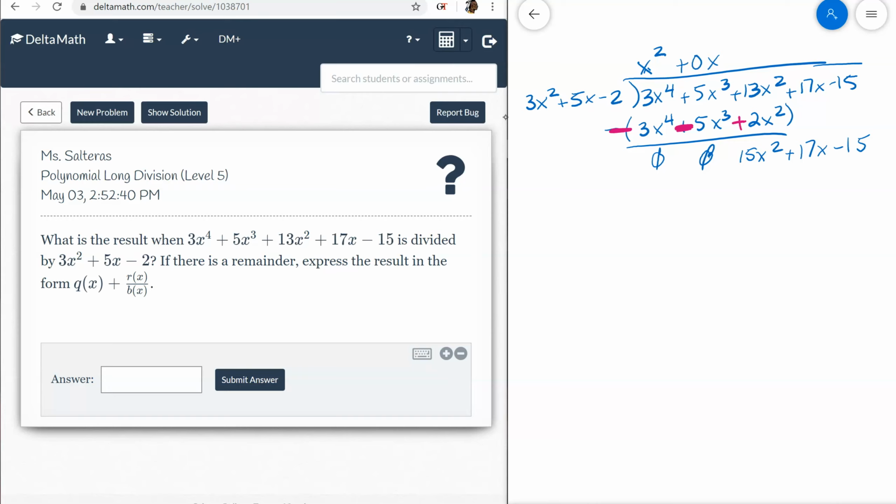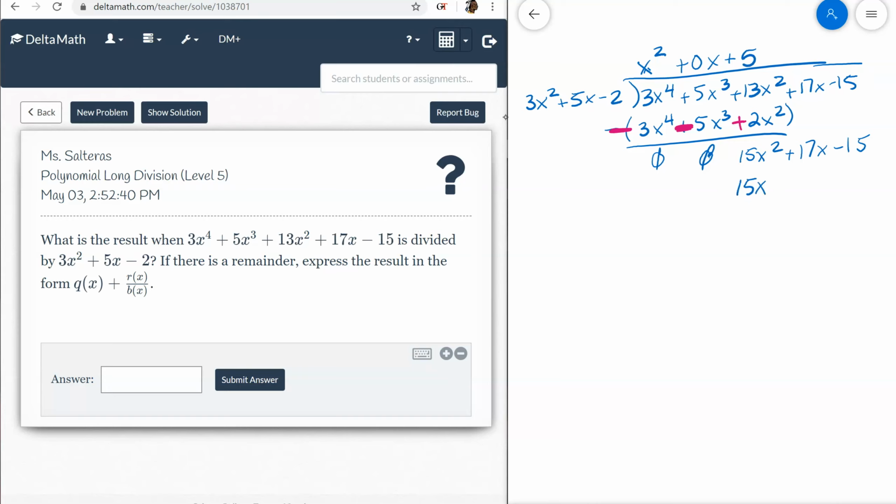You don't need it there, but it helps you make sure that you distributed your quotient to your divisor to go through each of the terms in your dividend. Now we're here at 15x squared. Well, 5 times 3 gives you 15. The minus comes later.